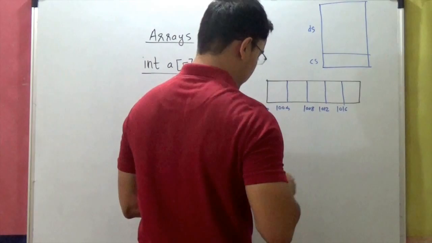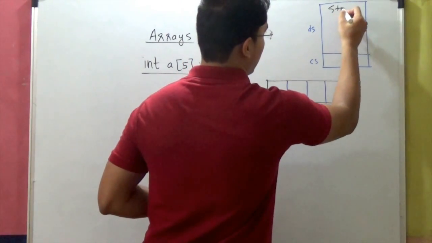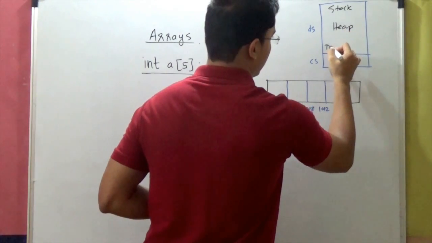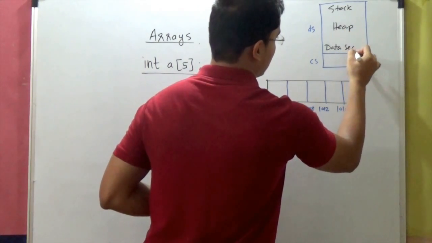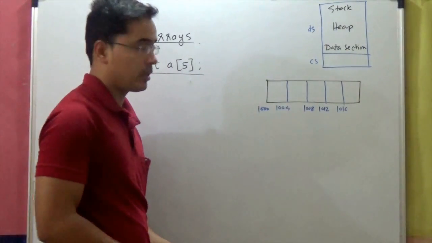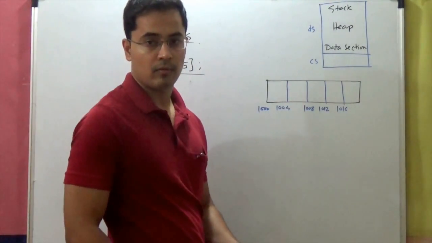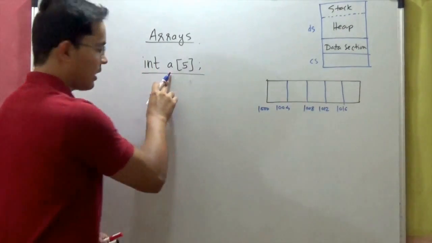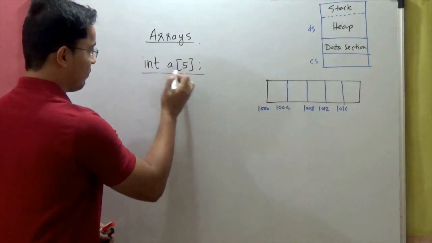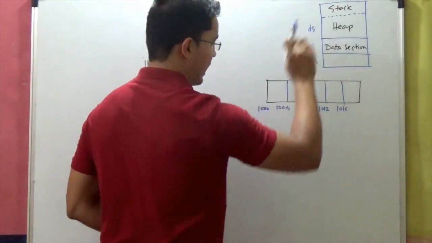And the data segment has stack, heap, and data section. So we discussed this in an earlier video about the structure of a program while it is in execution. When you declare an array like this, it will reserve the space for storing 5 integers from the stack.